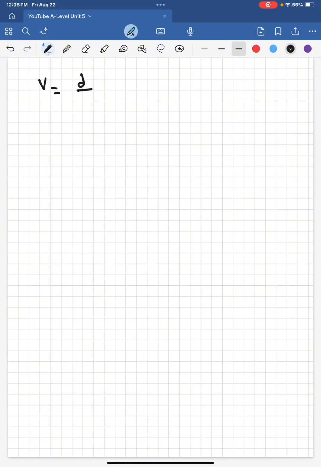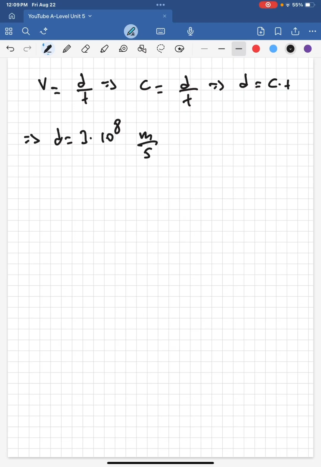Speed is distance per time, and here we're talking about the speed of light, so the velocity is c. d is ct. Therefore, d is 3 times 10 to the 8 meters per second times 7 minutes, and 1 minute has 60 seconds, so I have to multiply by 60.